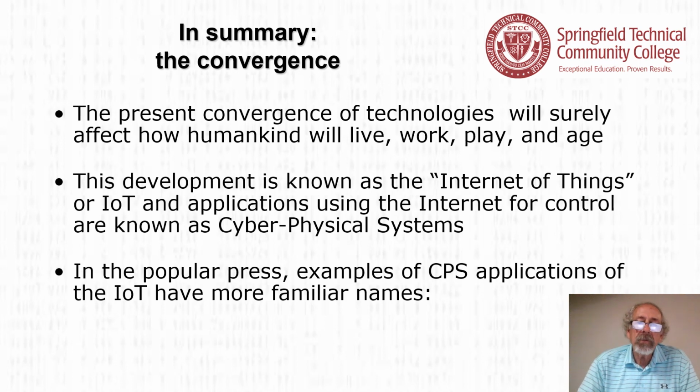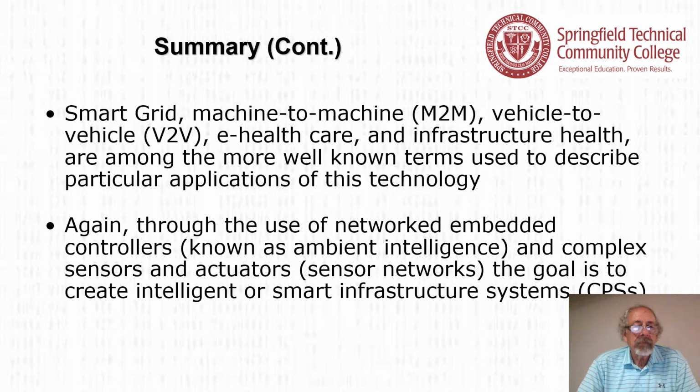In the popular press, examples of cyber-physical system applications of the IoT have more familiar names: smart grid, machine to machine, vehicle to vehicle, V2V, e-healthcare, and infrastructure health are among the more well-known terms used to describe particular applications of this technology. Again, through the use of networked embedded controllers, known as ambient intelligence, and complex sensors and actuators, which we call sensor networks, the goal is to create intelligent or smart infrastructure systems, or CPSs.